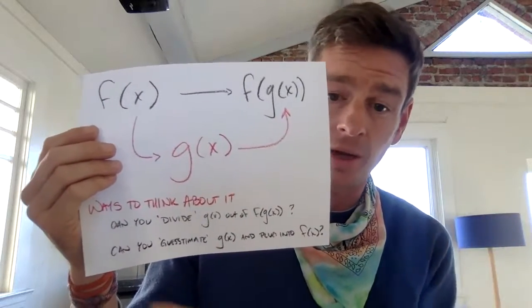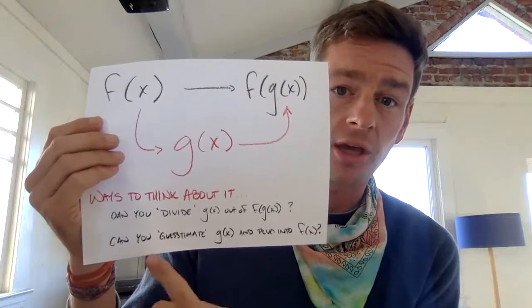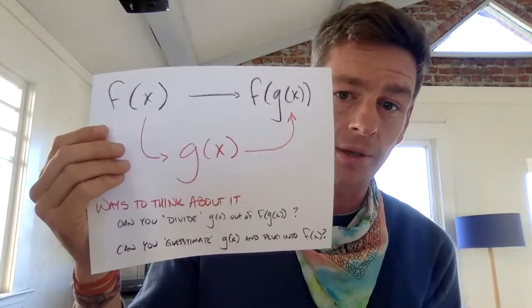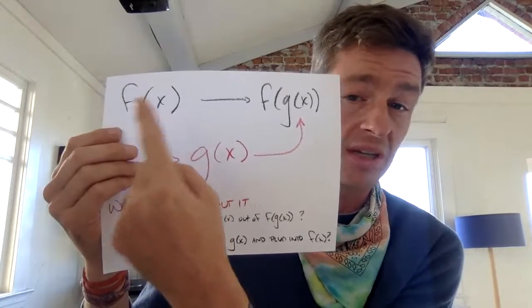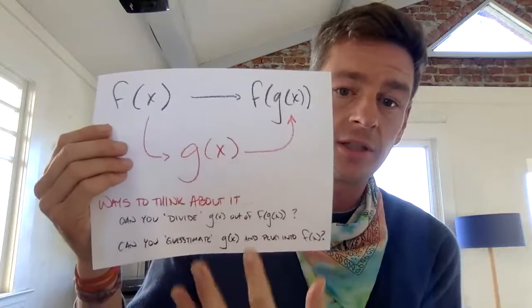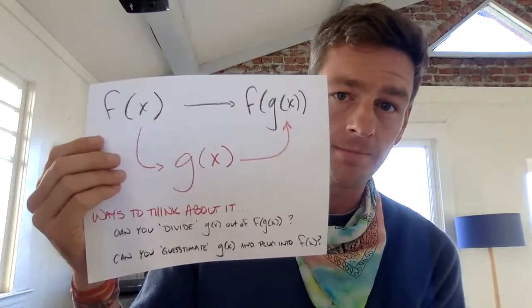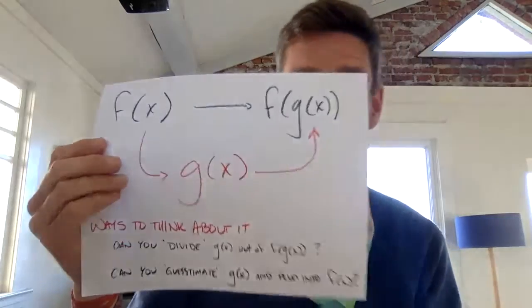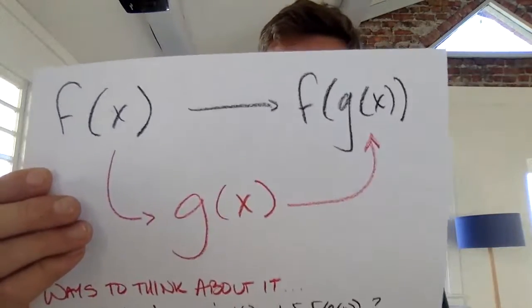The other way is to go forwards and think about what function g of x might be that you can guesstimate. You can guess it, plug it in, try it out, and see if you get the right answer. Depending on the complexity of the problem, one way might make more sense than the other, and depending on how you think about it, one way might make more sense for you.